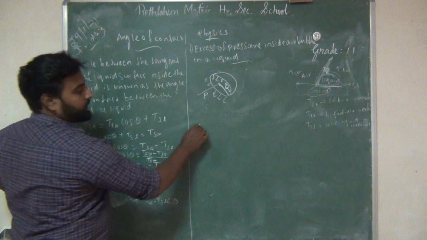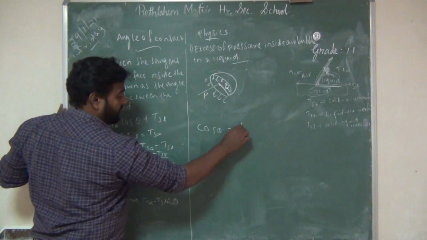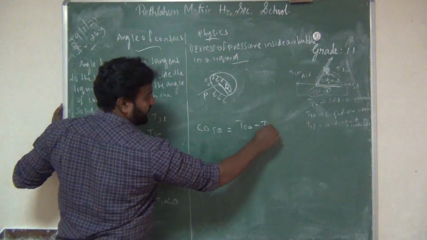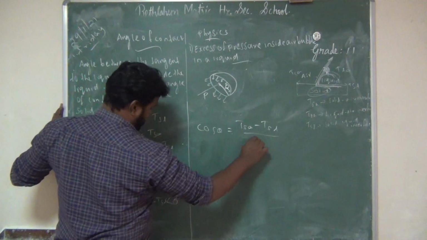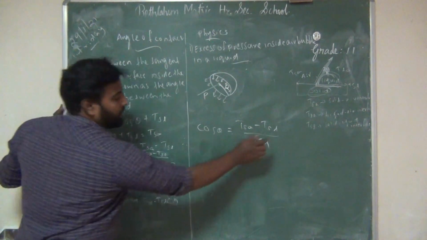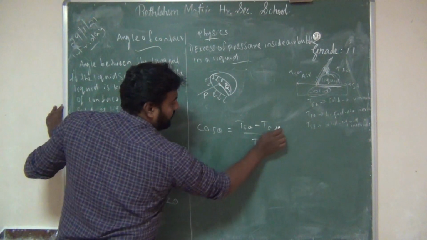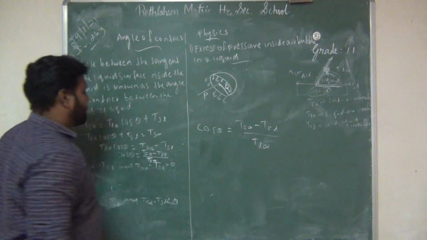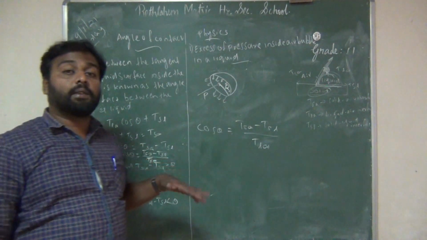So this is the equation we are getting. Cos theta is equal to TSA minus TSL by TLA. So by using this equation we can find out the angle of contact.